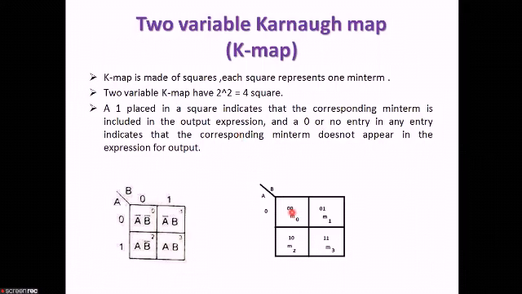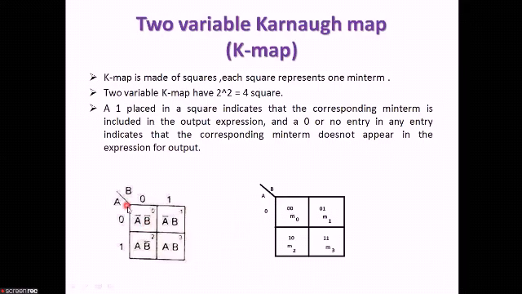Then we will consider this min term because 1 is present. Whenever 0 is present or there is nothing present, then we will not consider that one. We will consider 1 in this case because here we are considering the SOP form. In the case of the 2 variable K-map, we are considering the SOP form.